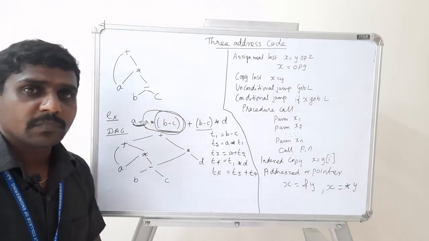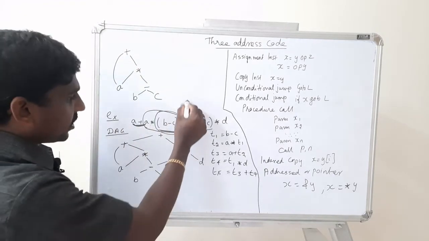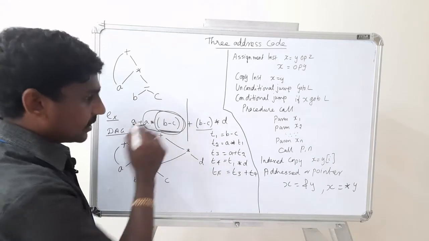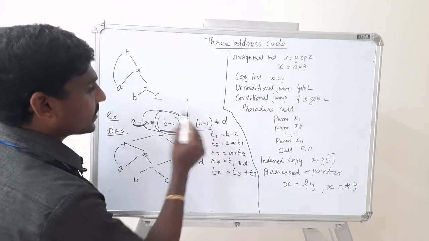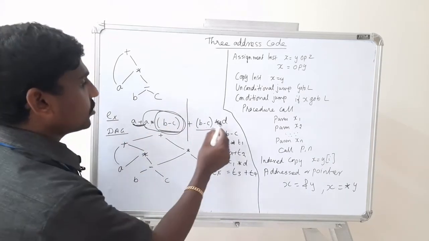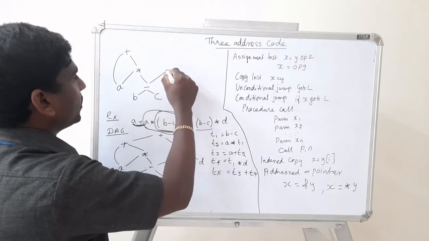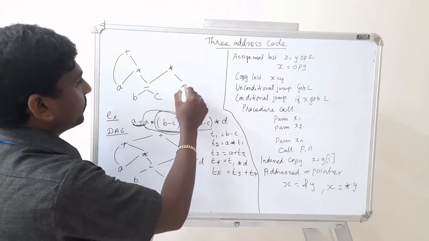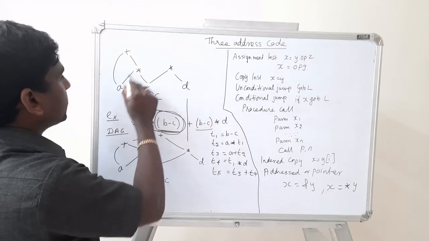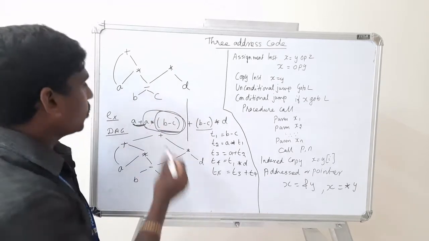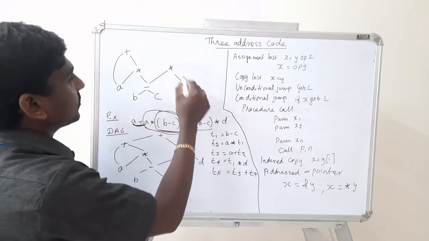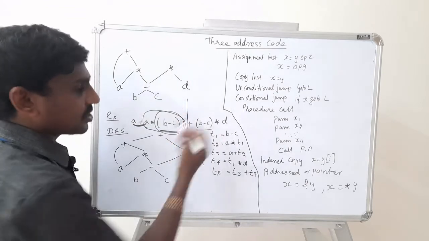Can you understand? The expression is not finished; we finished up to this point. Then b minus c is already there, into d, so one arrow from here to star d. That means b minus c star d.